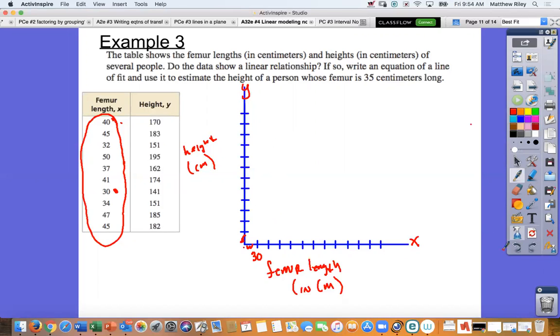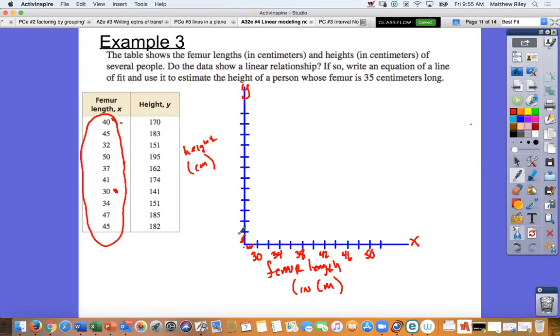So instead, try and space it out. Let's see, what if I go up by 2s? So 30, 32, and then I'll just write it in 34, 36, 38, 40, 42, 44, 46. Did I do that right? 48, yeah, 50.